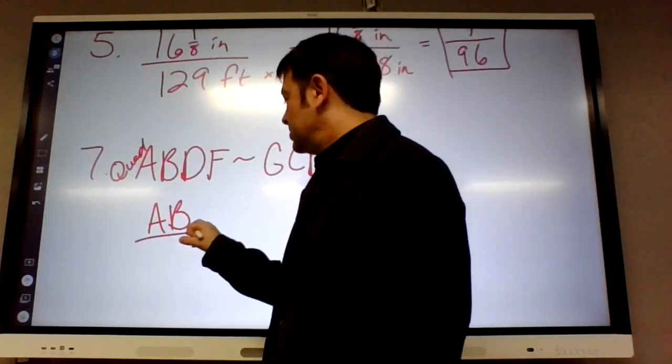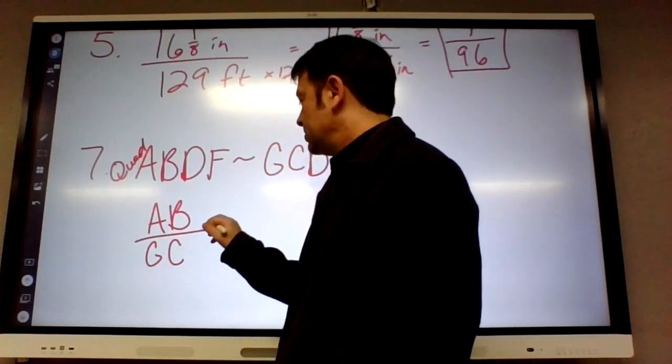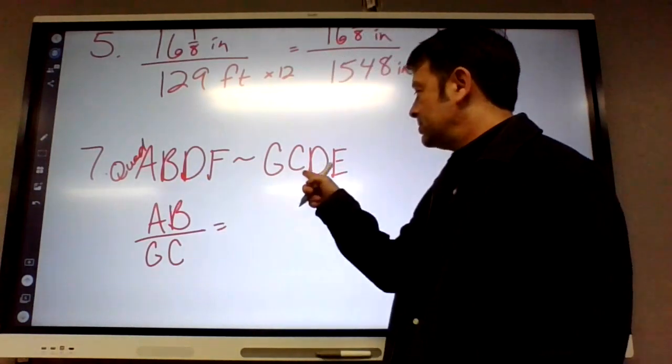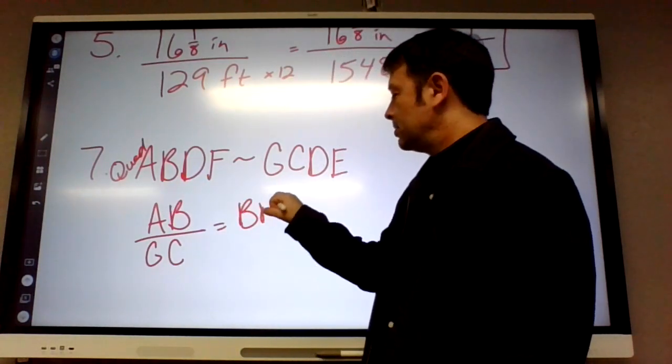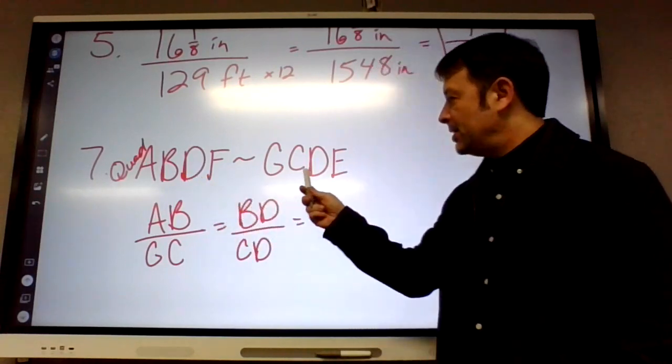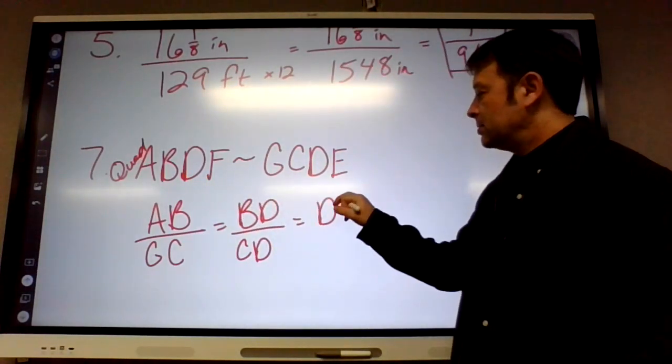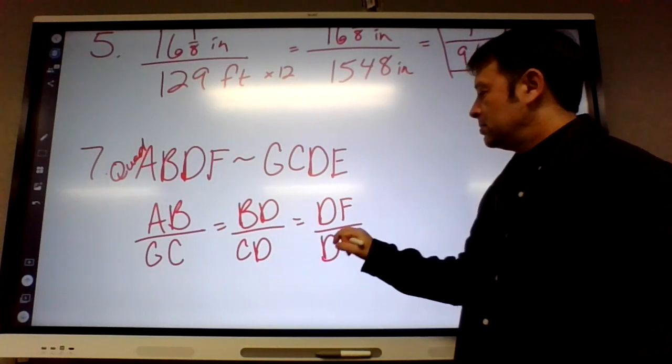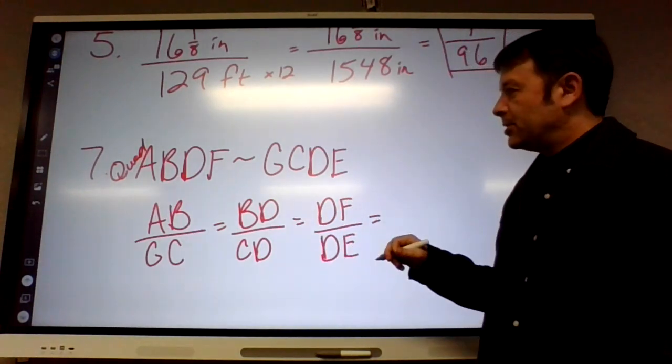So the one I just said, AB is to GC as BD is to CD. It's all right here. That would be the same thing as DF is to DE. Is the same thing as what?